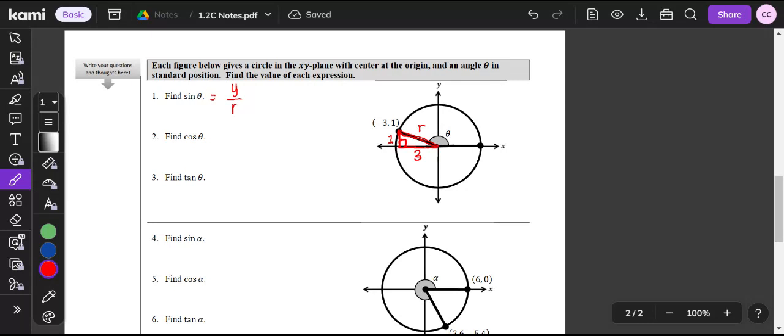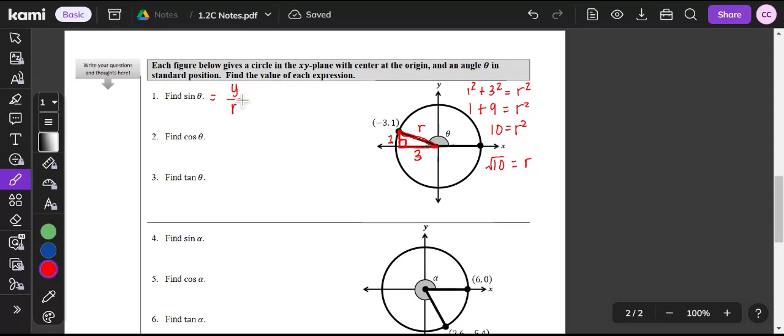So I know that 1 squared plus 3 squared needs to equal r squared. And 1 squared is 1, 3 squared is 9. So that means r squared is 10. If I were to figure out what r is, I would take the square root of both sides, and I would get, sorry, the square root of 10 is equal to the radius.